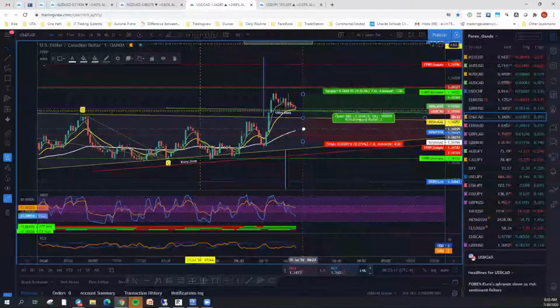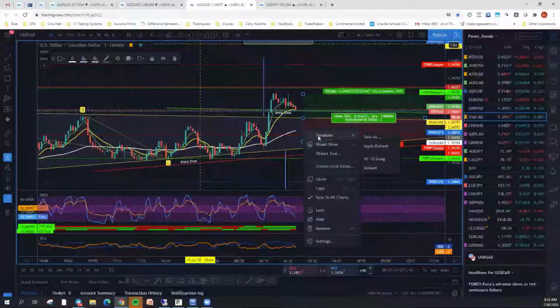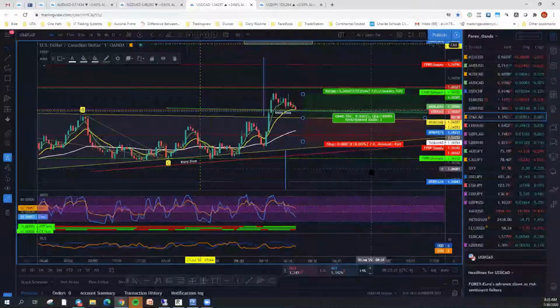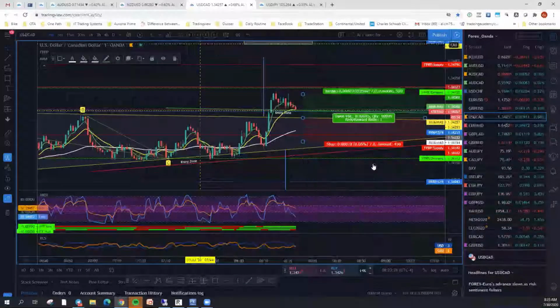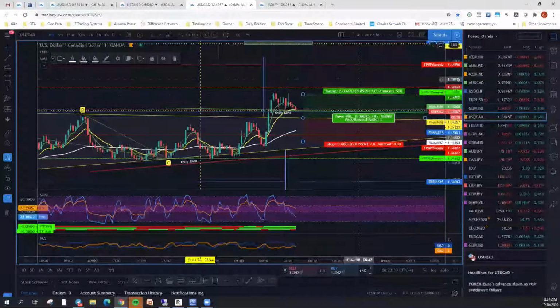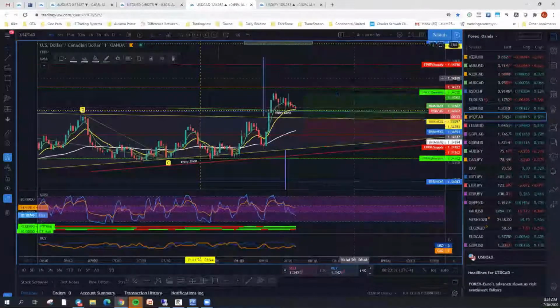Just understand that there might be a point where you get a bigger pullback than you wanted. 75 to 77% of the time, it will get to that stick. So just be aware of that. Hope that answers the question.